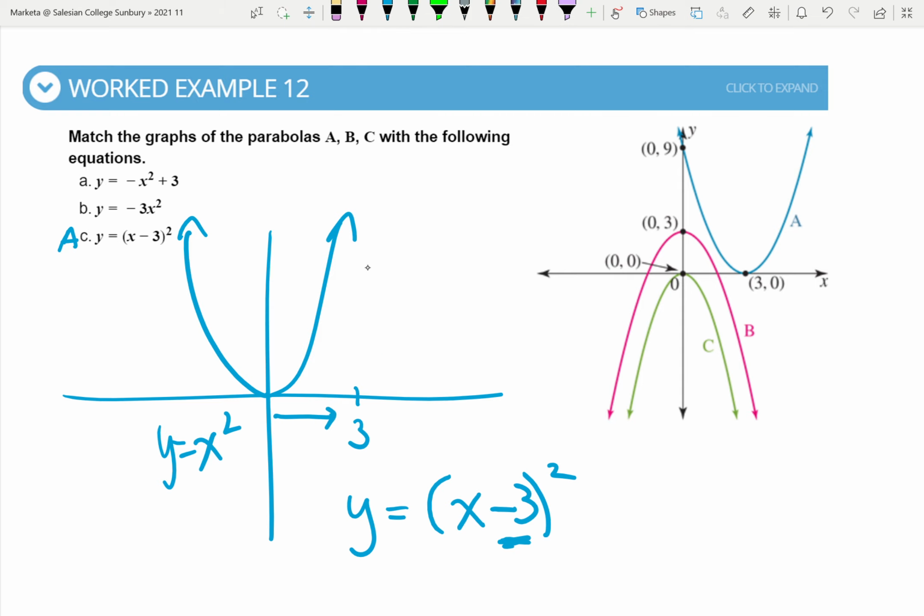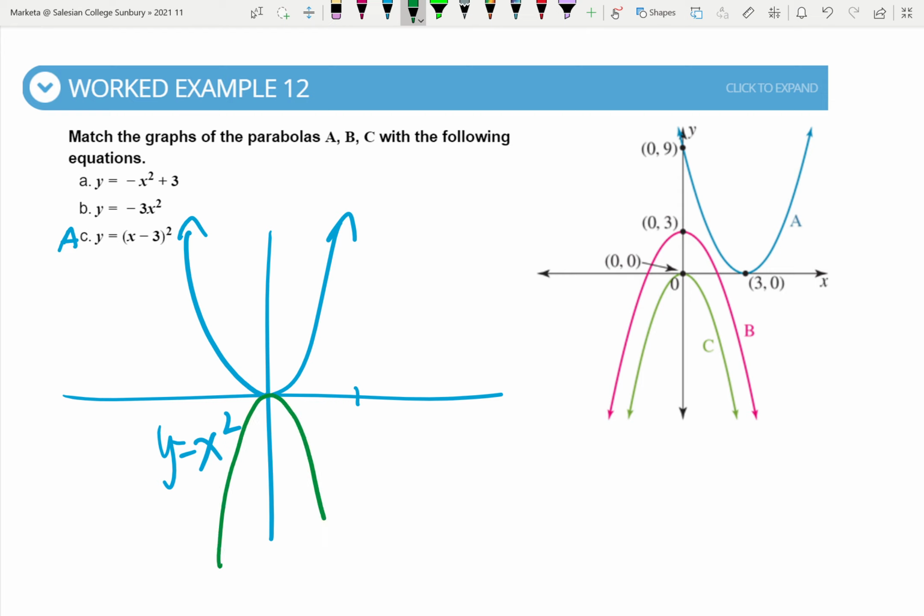The parent graph can stay there, and let's do perhaps the green graph. What's happened here is that it looks upside down. Again, we think what's happened to the parent graph to turn it upside down? Well, it's a reflection and it's negative x squared. It could be fatter or skinnier because we don't have a y equals x squared here or here, or negative x squared here or here.